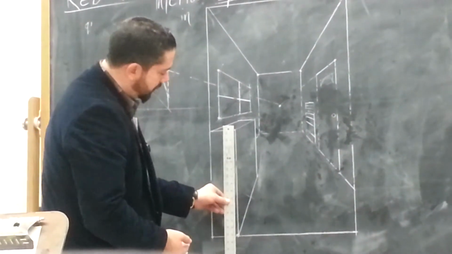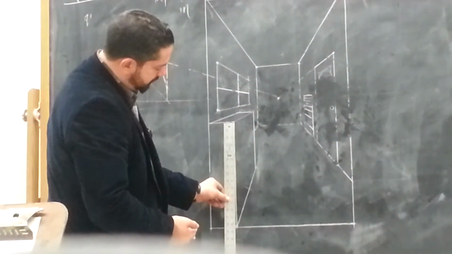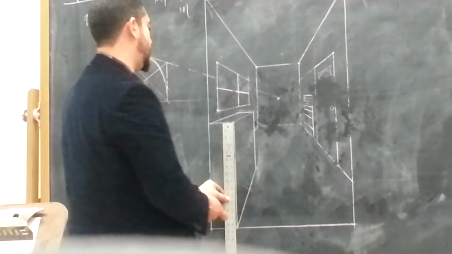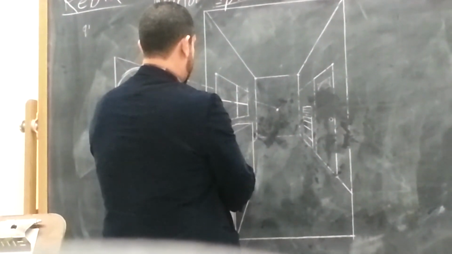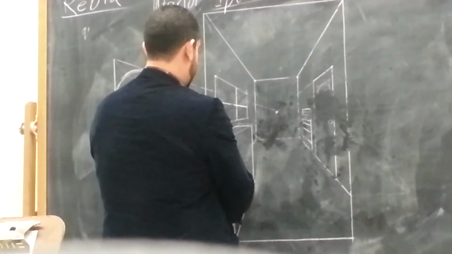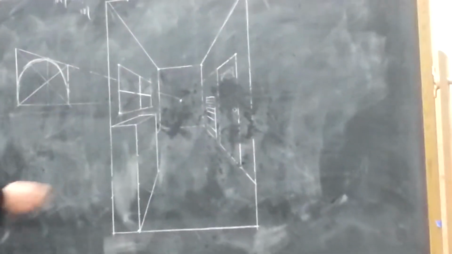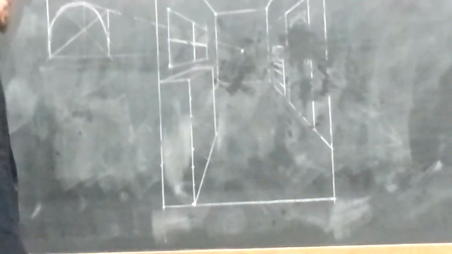Alright, so now I'm going to measure this out, and I want my shelving to be equally spaced, so I'm going to space it. For this one, it happens to be every 2 inches, approximately. So these points on this line, guess where they're going? To the vanishing point, yes.